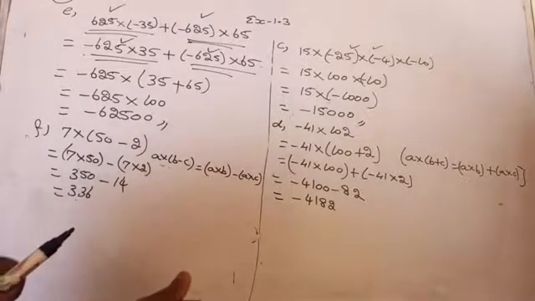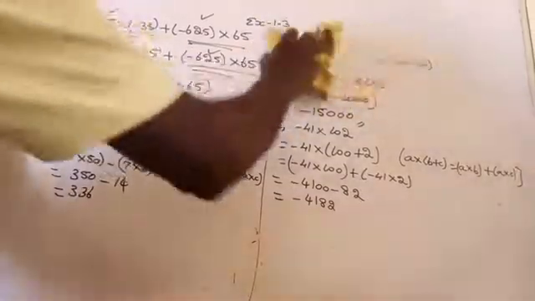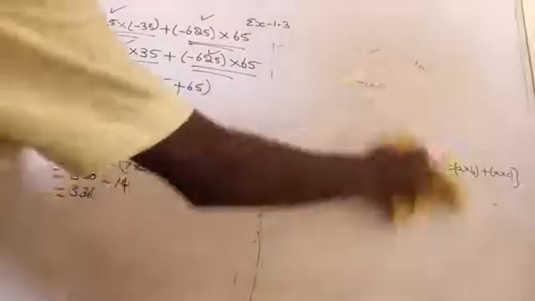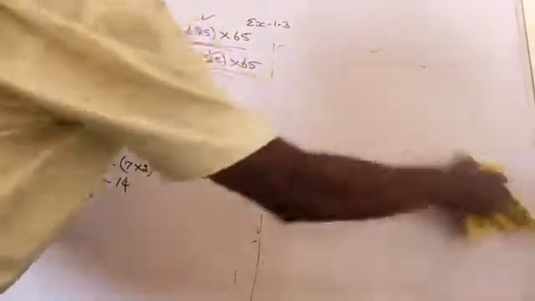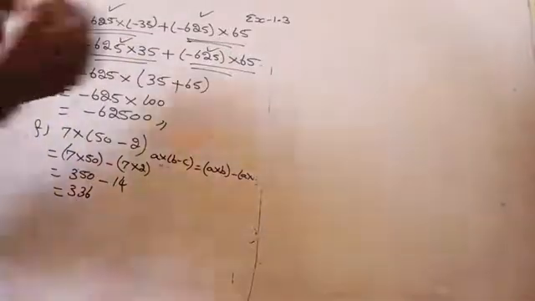Then two more questions are there. G part: minus 17 into minus 29.